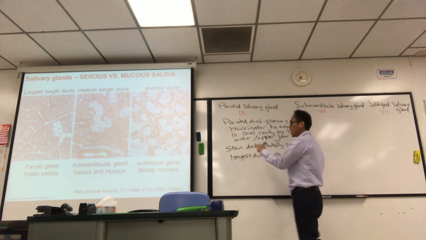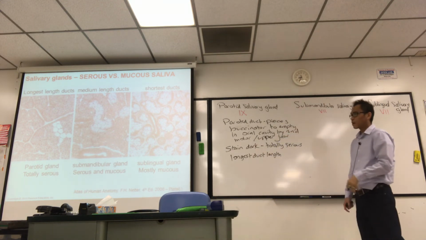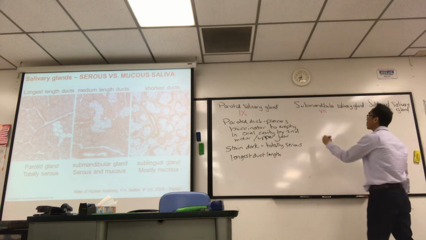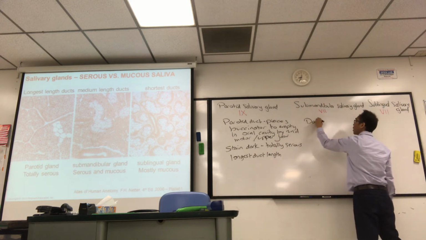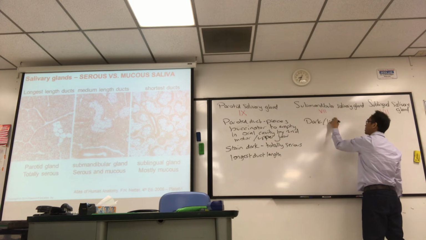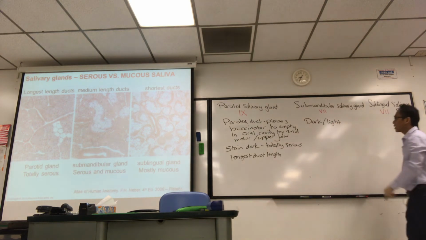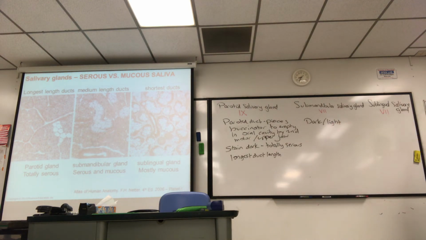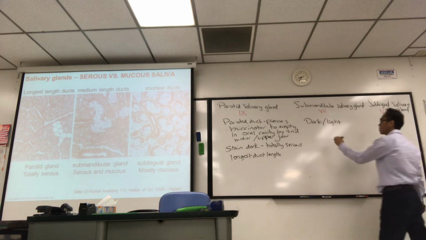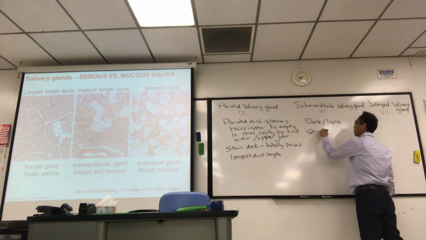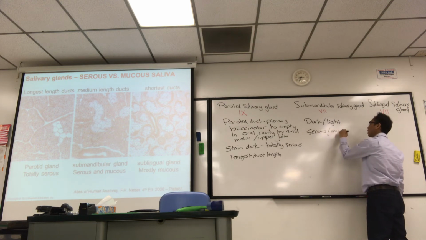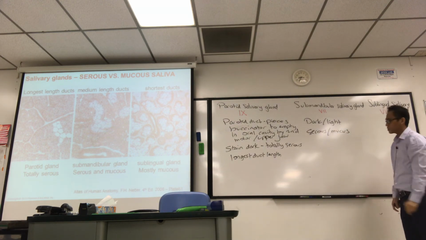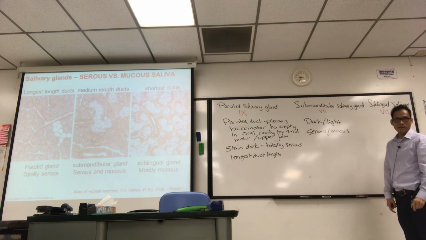If I show you a slide where it's partly dark, partly light, as it is in the submandibular gland, it's because the secretion is a mixture of serous and mucus saliva. So the duct length is, I just say, medium length.